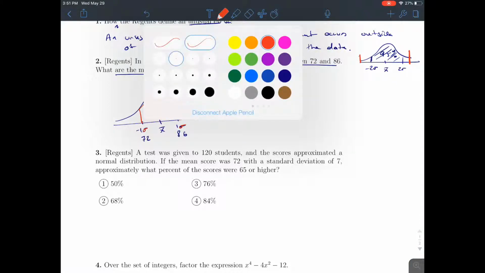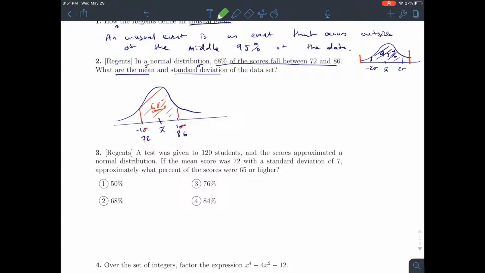So in order to figure out what sigma and the mean are, we see that the total distance between these is 86 minus 72, which is 14. So the total distance is 14, which means each half of this is 7 units from the average.